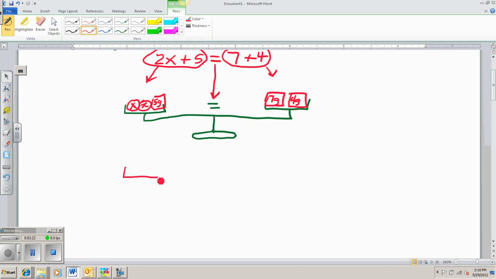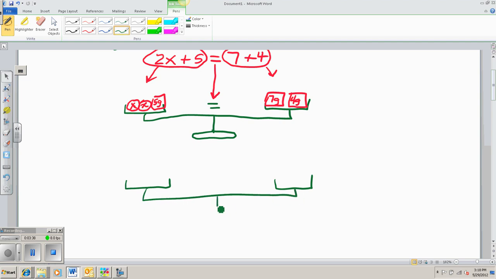Sure. Okay, so I'm going to redraw here with my green, I think it was. I'm going to do a new pan balance. Maybe I should have done a simpler one. And I'm going to make sure that I do the same thing to both sides. So I'm going to draw my 2 x's. That's not changing.